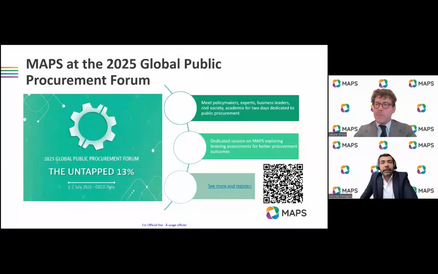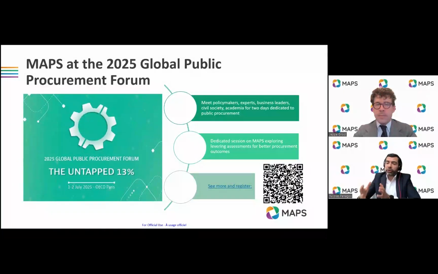The second point is the linkage between MAPS and the OECD. The MAPS Secretariat is hosted at the OECD in the Public Governance Directorate. We collaborate closely with the public procurement team at the OECD, in particular for organizing the Public Procurement Forum that Jeppe was speaking about. The OECD itself carries out assessments, as do many of the other international organizations here present: the World Bank, the African Development Bank, the Inter-American Development Bank, and other regional banks.